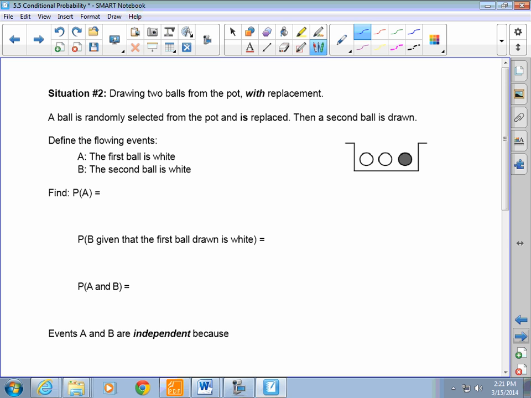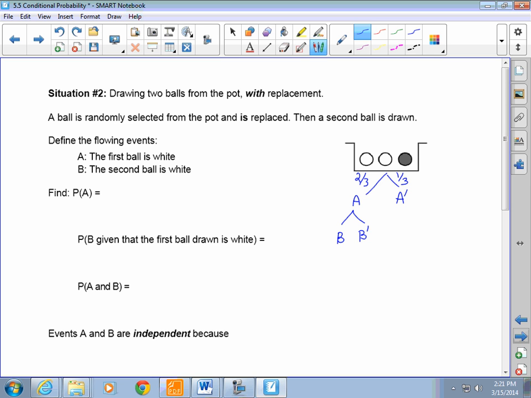Okay, so the probability for A happening and not A happening. The probability of getting a white ball is still 2 out of 3. The probability of not getting a white ball is still 1 out of 3. For the second event, that's the B, and B not happening, if I've put that white ball back in there, then for the second event I've still got the same sample space.